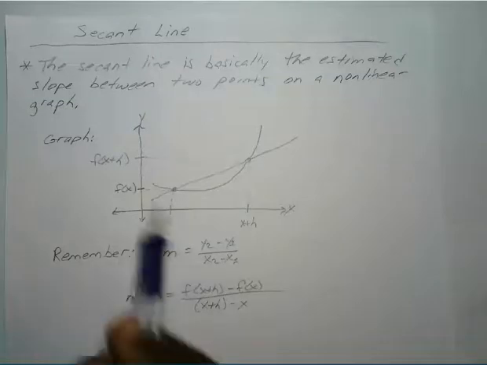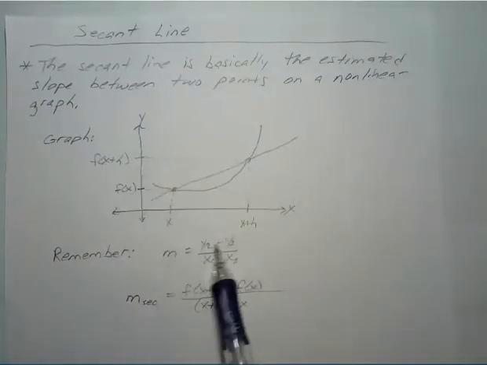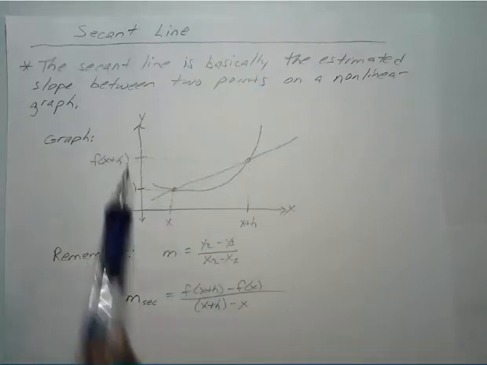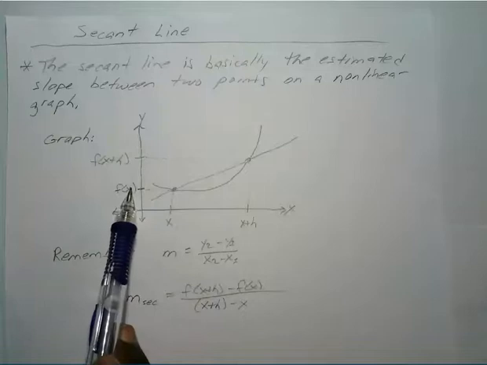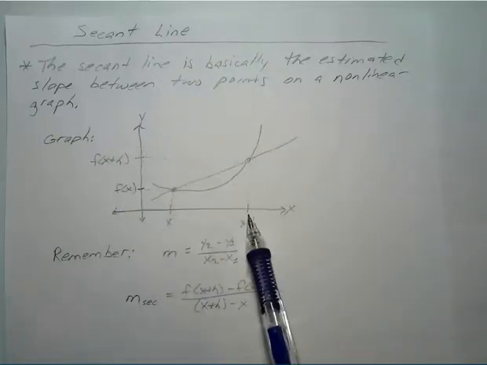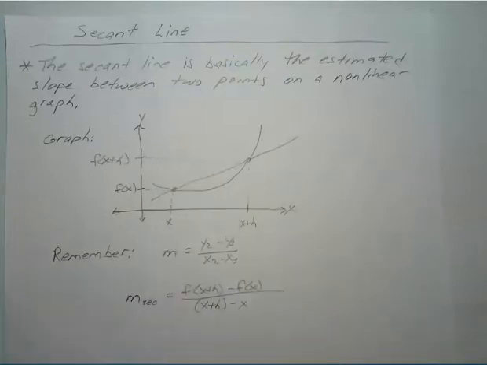Remember, this is your y1, y2, x1, x2, and we're just changing those out. Instead of y2, that's f of x plus h. Instead of y1, that's f of x. And for x2 and x1, we have x plus h minus x.